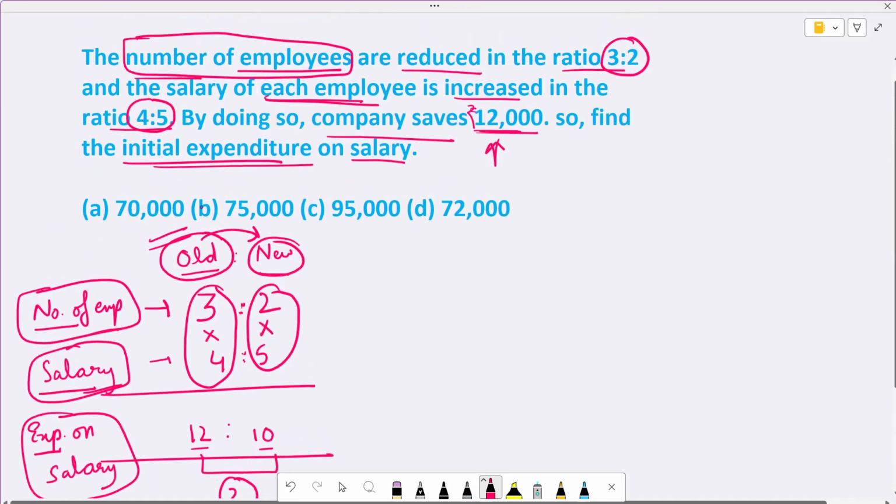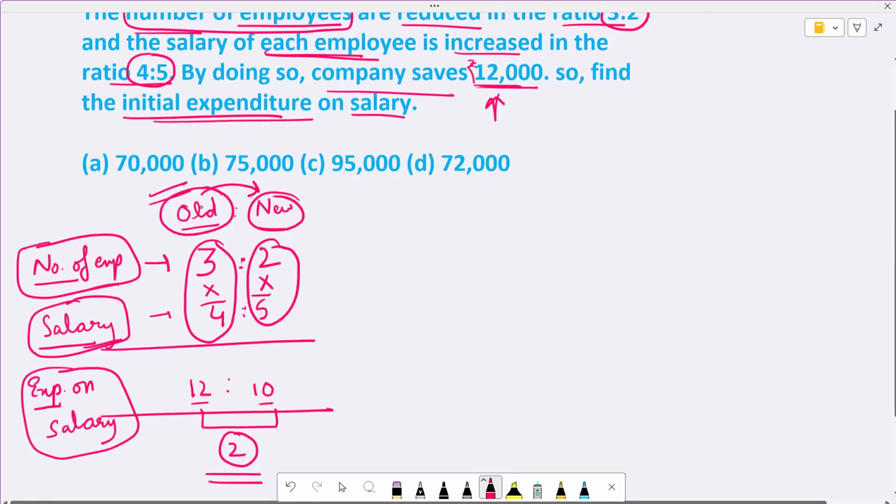The question could be about employers and salary as well, but the format of the question could be different. And here, this method of multiply and division would not work if the demand of the question is different. So we need to focus upon that part as well, what is actually required. But generally, this is the trend that we have been seeing, and these questions are pretty simple as well.